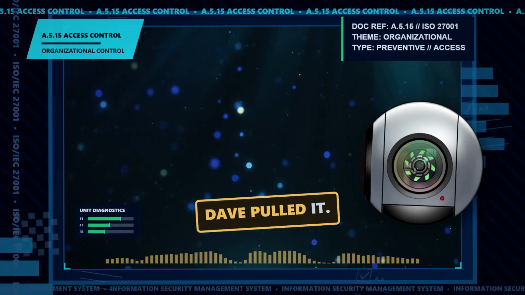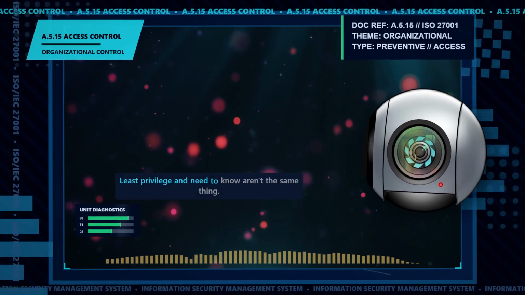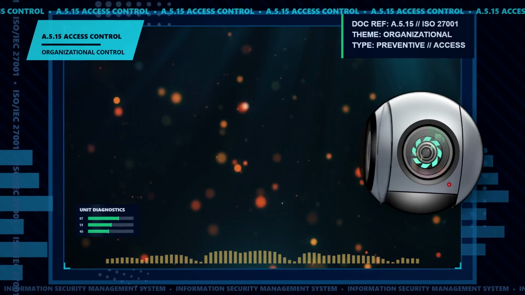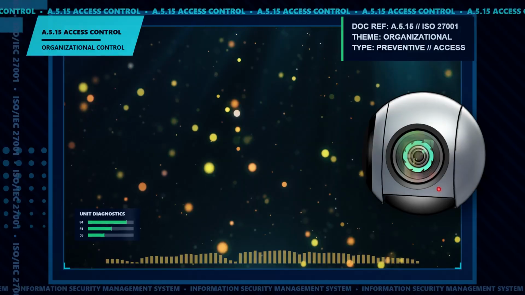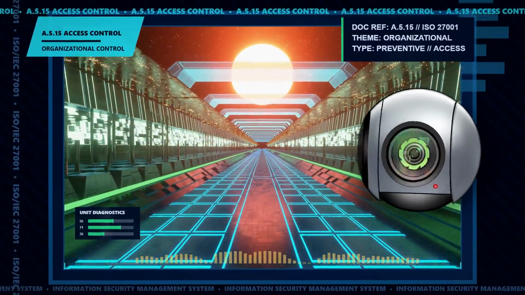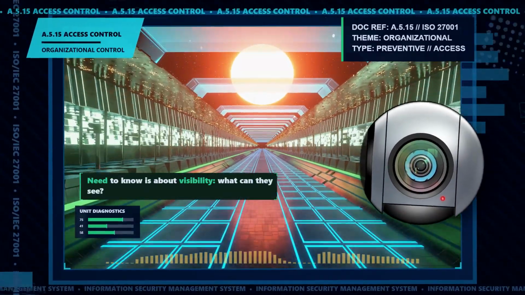And the 2 principles that live in here, the 2 you have to be able to say out loud, are least privilege and need to know. They're not the same thing, and people mush them together constantly. Least privilege is about power. What can this person do? The minimum required to do the job. Need to know is about visibility.